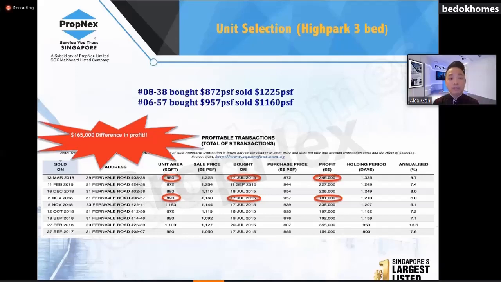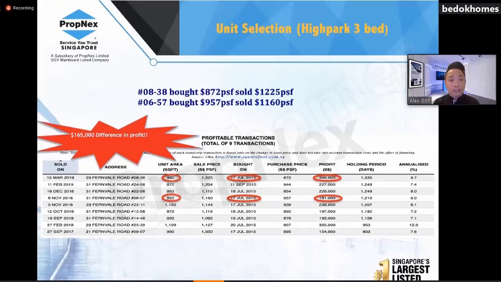Because Fernvale is an area where a lot of HDB buyers coming in are usually own stay buyers. So most of the buyers coming in to buy are all buying for what? Own use. But if you are buying more of an investment unit, it's very difficult for you to dispose of in future because there's no demand for what? For investment units in that particular area.